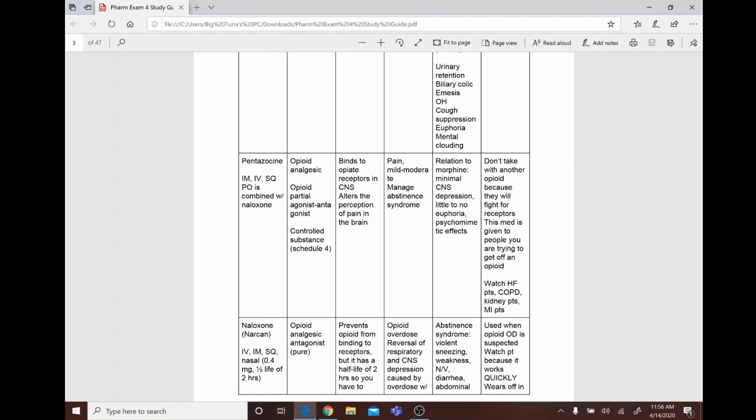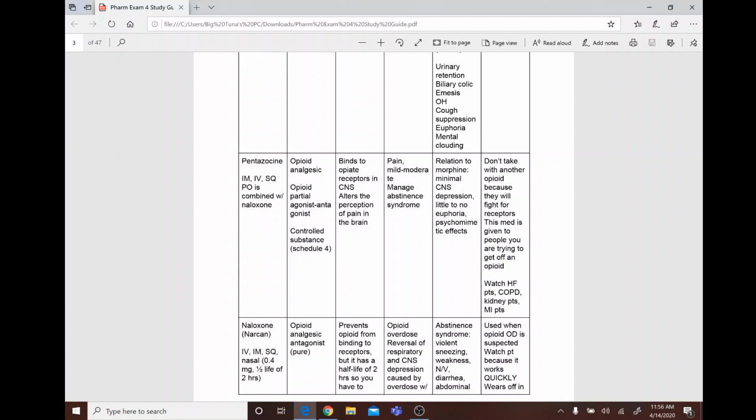Binds to opiate receptors in CNS, alters perception of pain in the brain. What is pentazocine used for? Mild to moderate pain and managing abstinence syndrome.